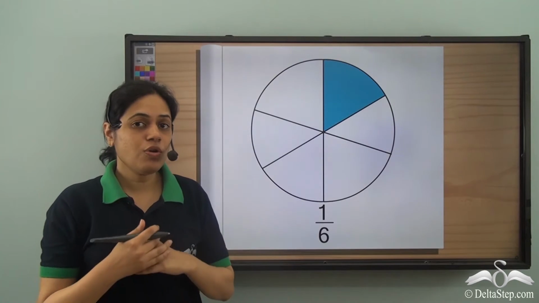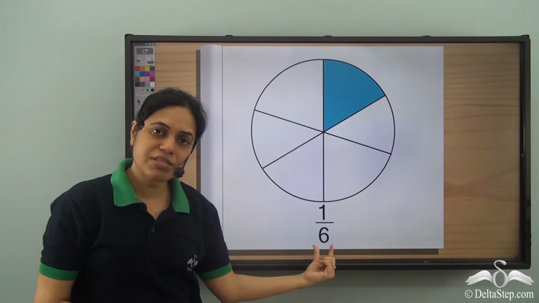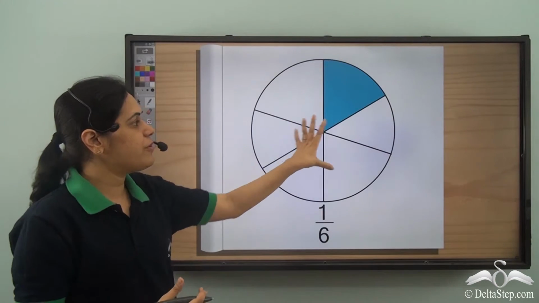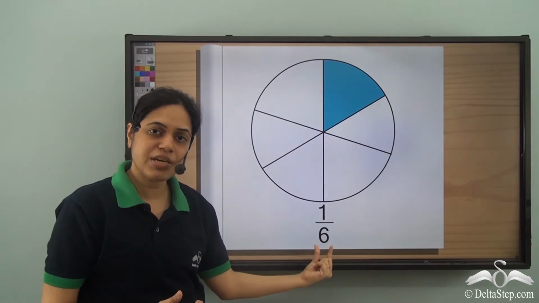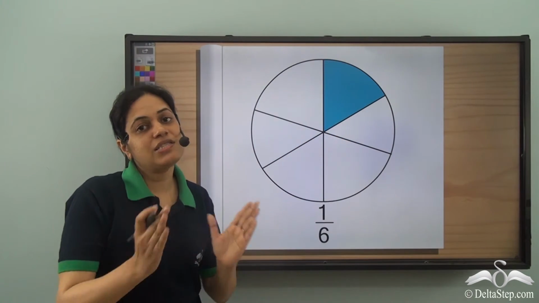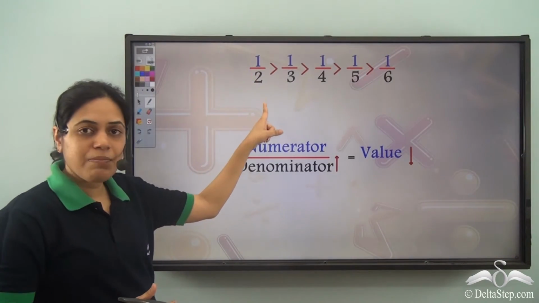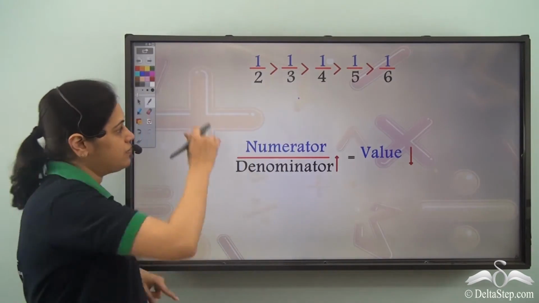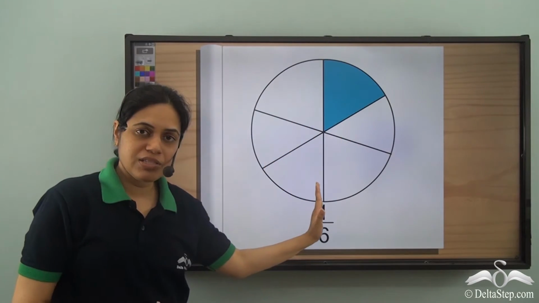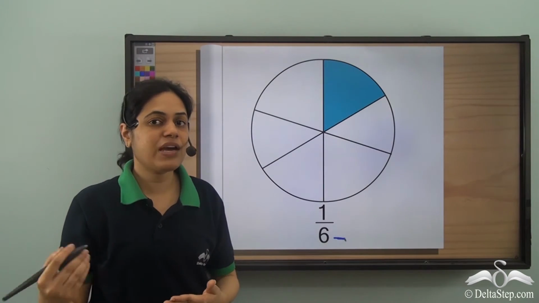So, you see that as the number of parts is increasing, the denominator is increasing from 2, 3, 4, 5, 6. As the total number of parts is increasing, the denominator is increasing. And if we consider one part, the shaded area is decreasing. So we can see that as the total number of parts is increasing, the denominator is increasing from 2, 3, 4, 5, 6.